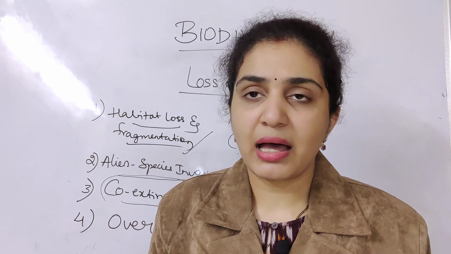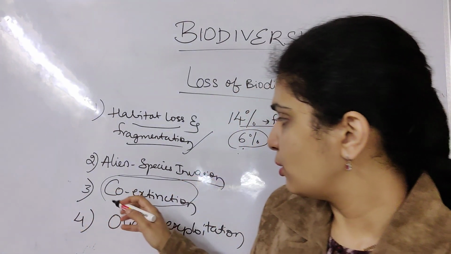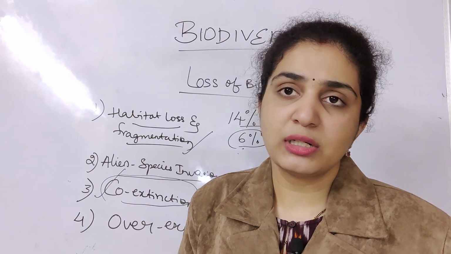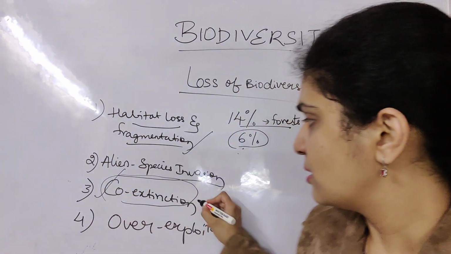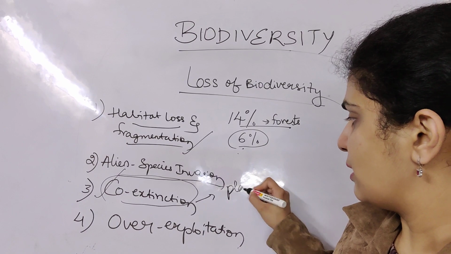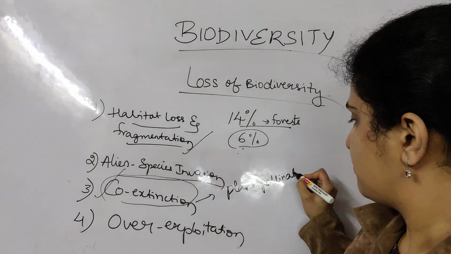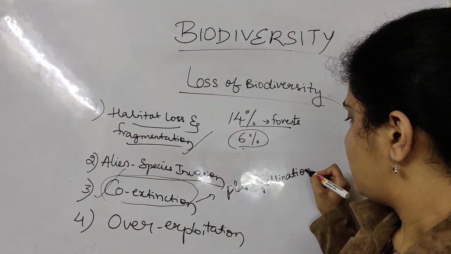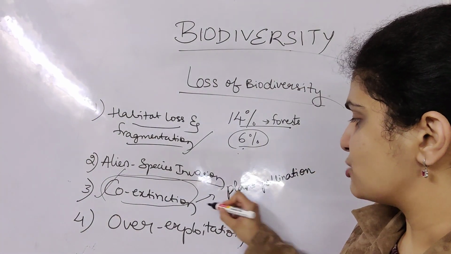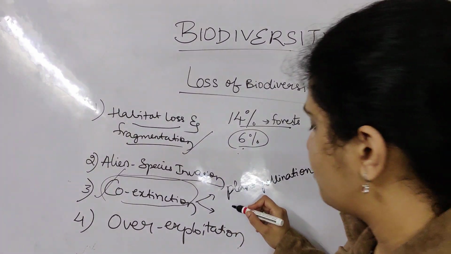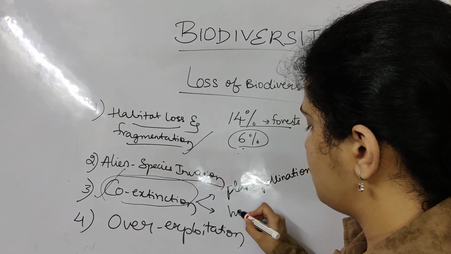So host and parasite are contributing to co-extinction. Both the species will combine and get extinct. Plant pollinator mechanism, and another important thing is host and parasite.